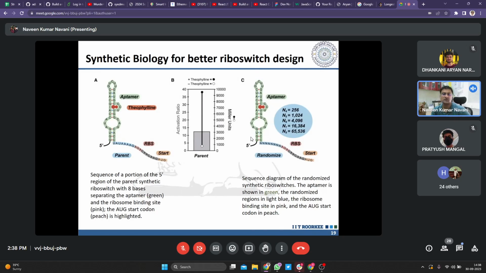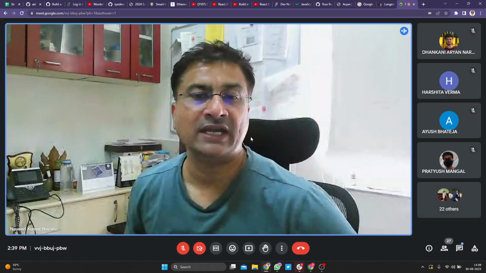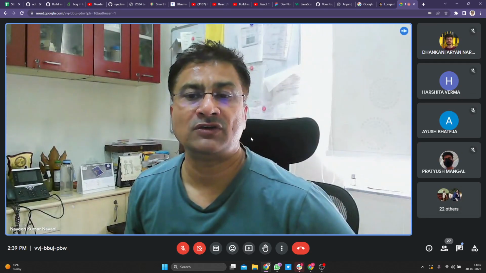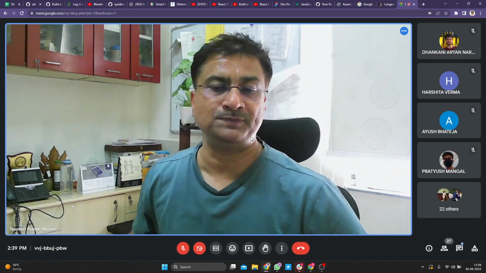You will have individual clones, and then you measure the fluorescence of those individual clones. The brighter a clone is after adding theophylline, the better riboswitch it is. So that is how this study found that a lot of riboswitches can now be designed based on similar properties.